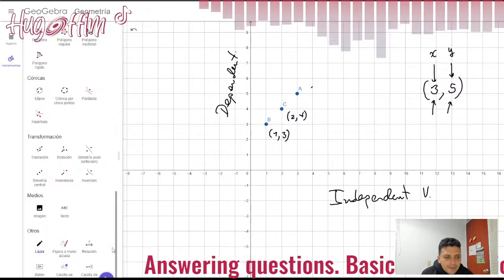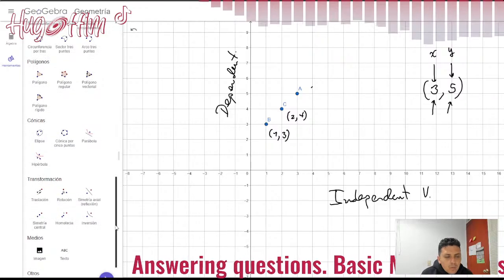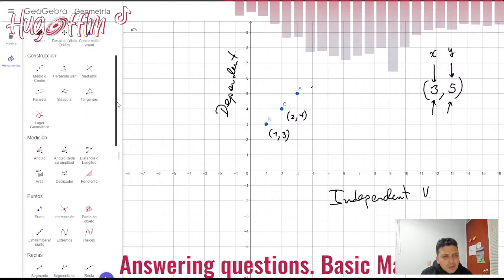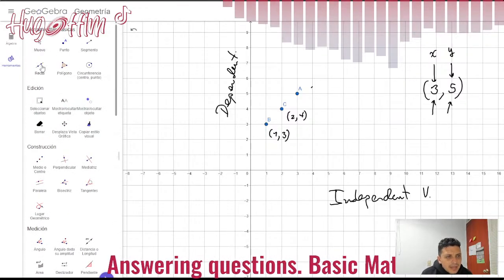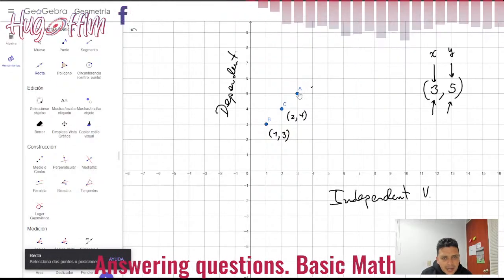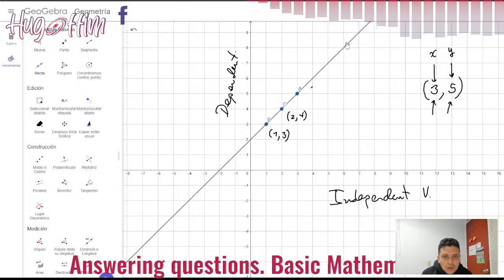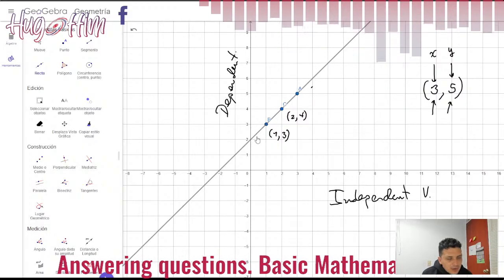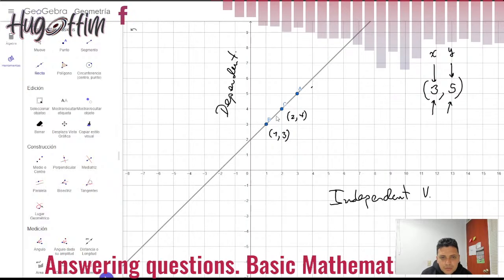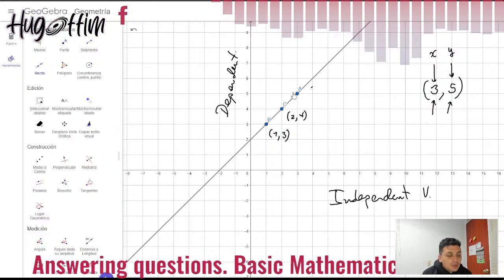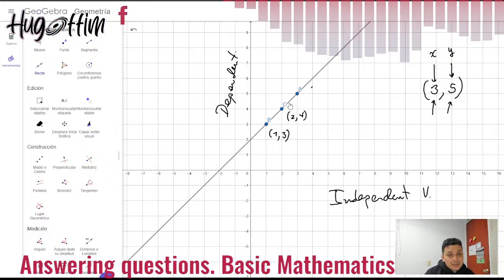But so far, what I'm going to do when plotting data is provide a straight line that follows the pattern of these 3 points, correct? These 3 points follow a linear pattern.